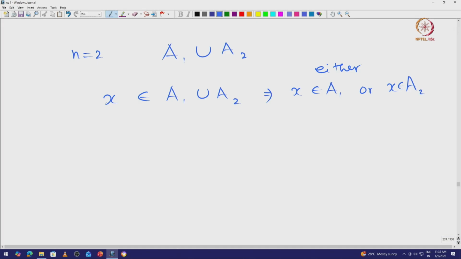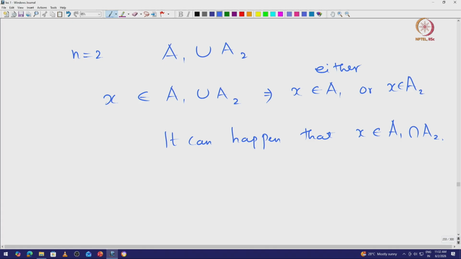Now if we want to actually just use this observation to count the elements of A1 union A2, then the very first rough count will be the cardinality of A1 plus the cardinality of A2. So we just count all the elements in A1 and A2. But what is the problem with that? The problem with that is some elements x may be inside the intersection.